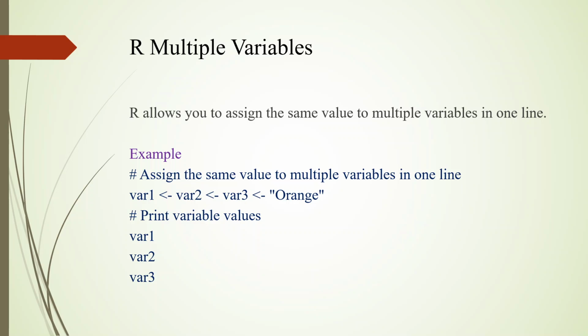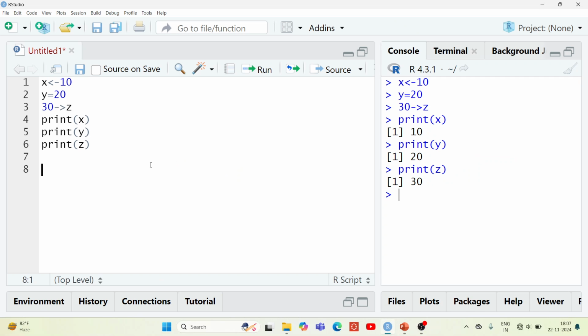Multiple variables. Here R programming allows you to assign the same value to multiple variables in a single line. Here I am creating variable 1, variable 2 and variable 3, assigning the same value to multiple variables at the same time in a single line. Actually it is not possible in other programming languages, but it is possible in R. For example, I use p leftward operator, q leftward operator, r leftward operator, and assign the value 50.